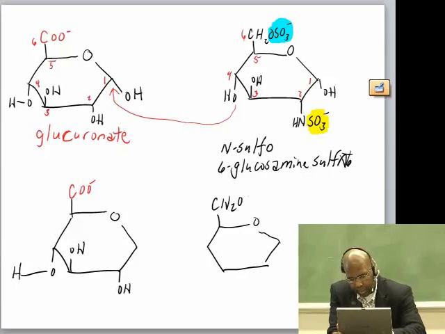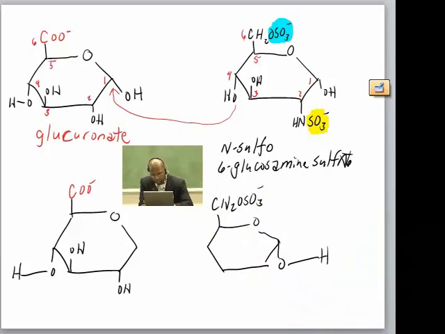CH2OSO3 minus, OH, and then this is NH SO3 minus up. I've drawn both of them. I just haven't put the bond in between them. Now, I'm going to ask you all a question.